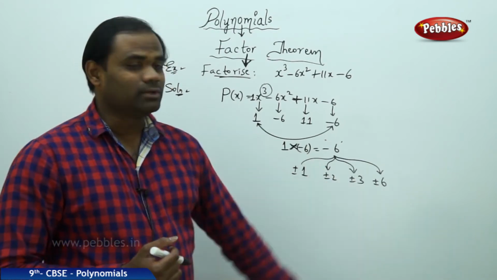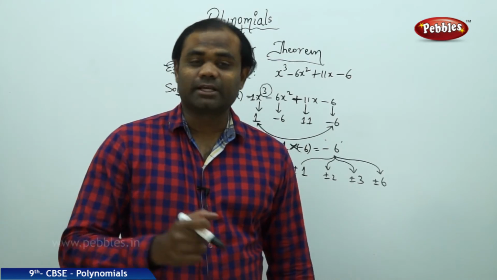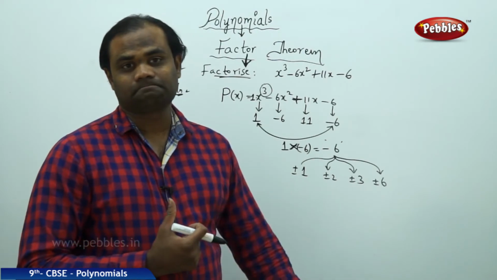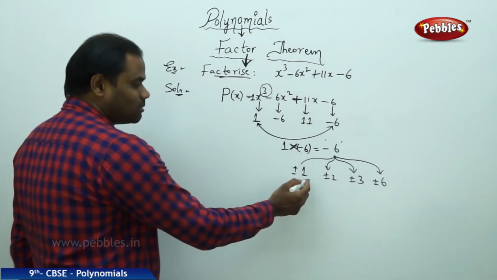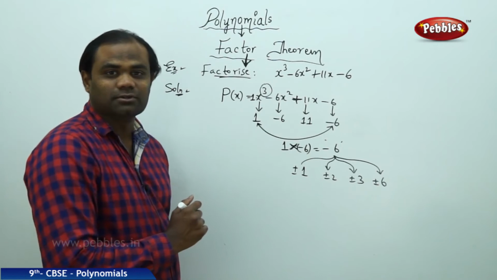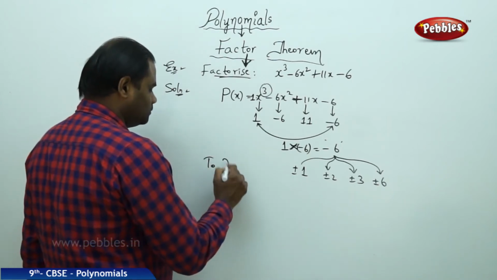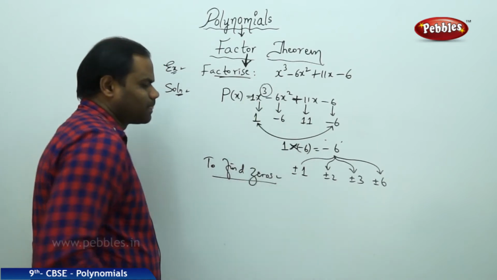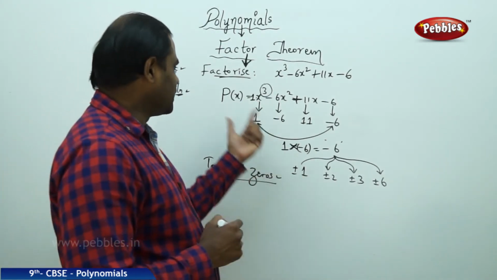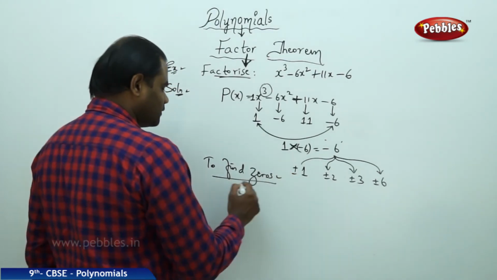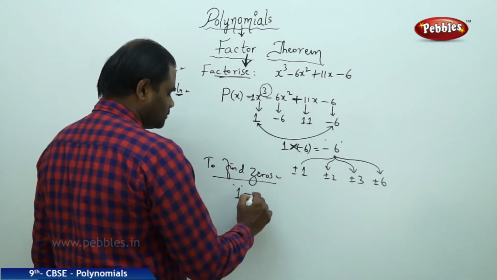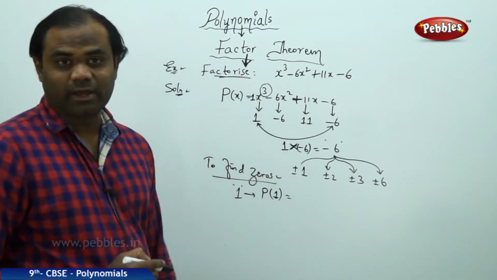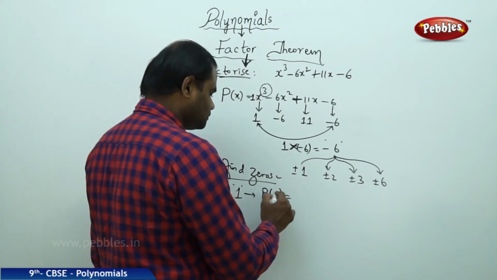Now that rule 2 is satisfied, comes the next rule, about finding the zeros of the polynomial. Using these possible factors, I next find the zeros of the polynomial. In order to find zeros, I just substitute the values in the polynomial. When I take 1 and substitute it in the polynomial, let's see what we get.